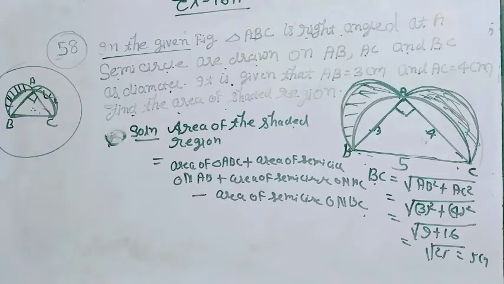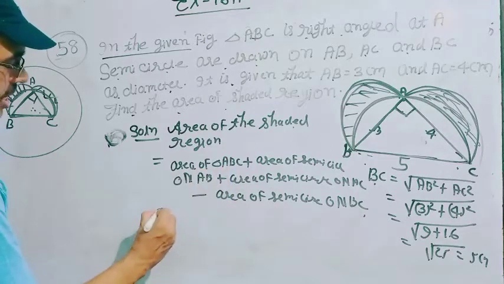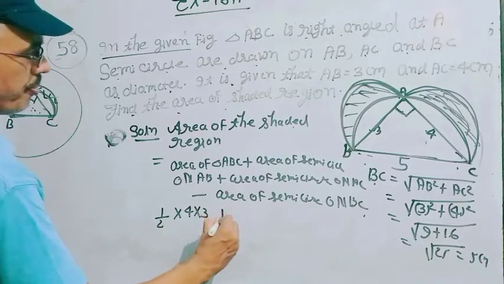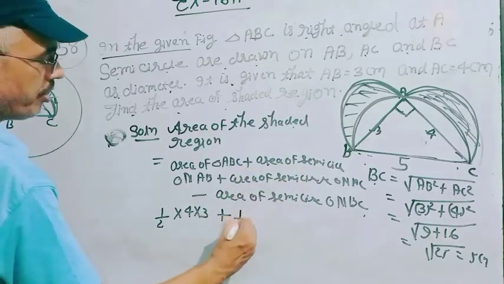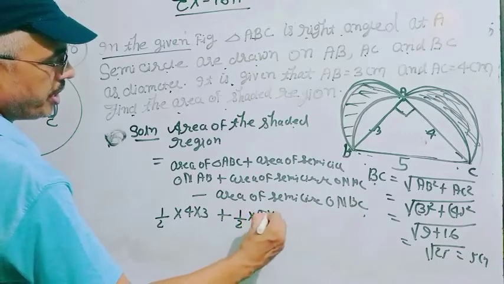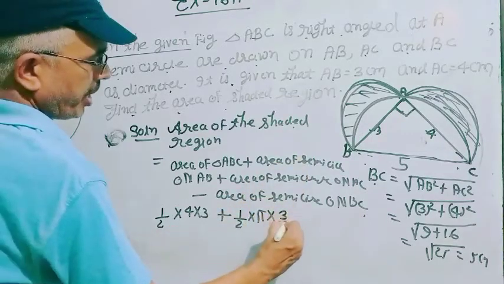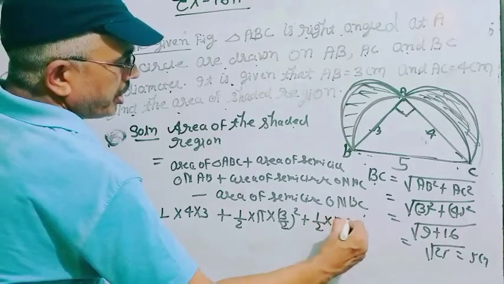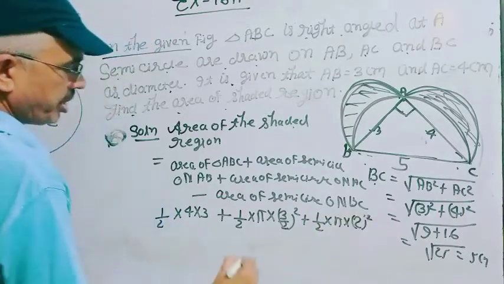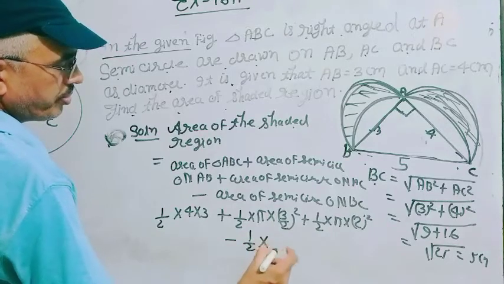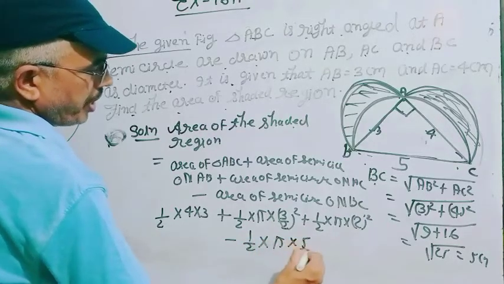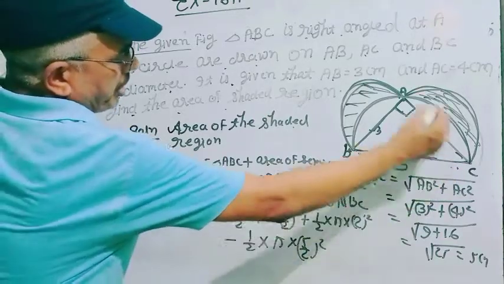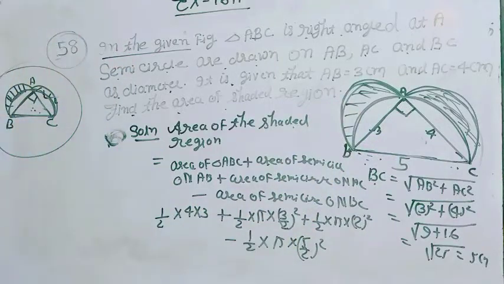Then it is clear it is the area of the shaded region. So how you write here, area of ABC is equal to 1 by 2 into base into height, plus area of semicircle 1 by 2 into pi into r square, that is 3 by 2 square, plus 1 by 2 into pi into r square, that is 2 square, and minus 1 by 2 into pi into 5 by 2 whole square, because 5 is the diameter of the last semicircle. So what you get here?